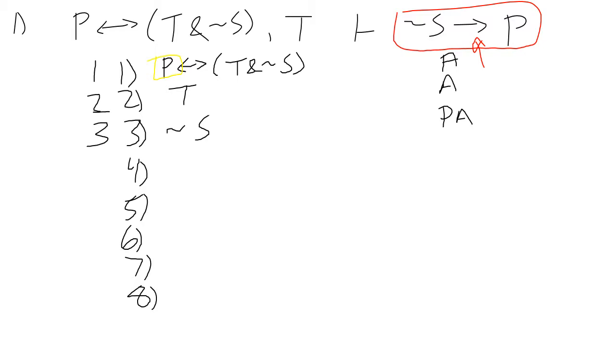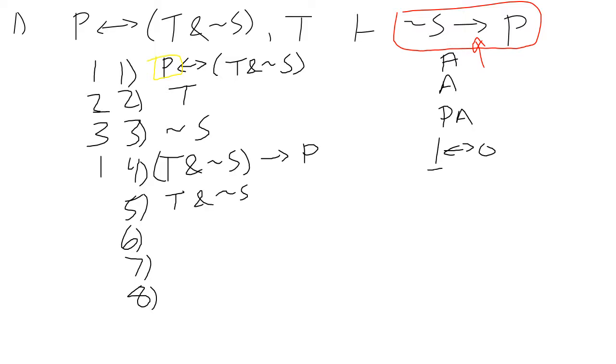Well, we just need to eliminate our biconditional from one, biconditional out. Now we just need to build the antecedent to get this, which we've got both the pieces that we need from 2 and 3, and in 2 and 3.